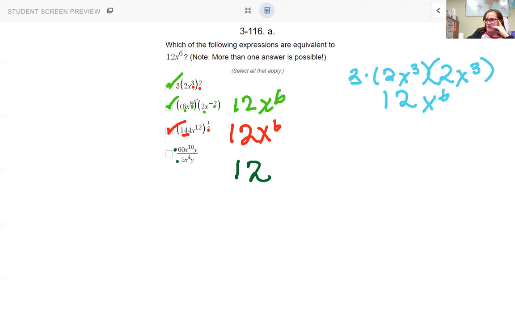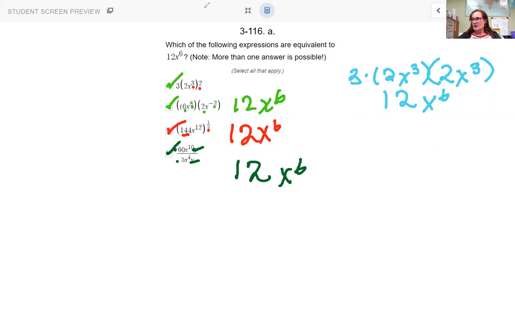Up here, we added the powers, 8 plus a negative 2. Now we're going to subtract the powers. X to the 10th divided by x to the 4th, that means we take 10 and we subtract 4. So 10 minus 4 is 6. And then we have a y on bottom and a y on top, so those just cancel each other out. So that means that the bottom one works too. So all of them work.